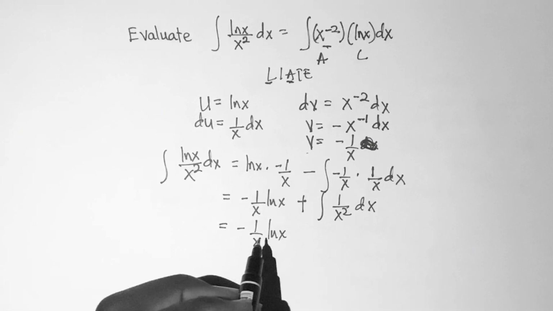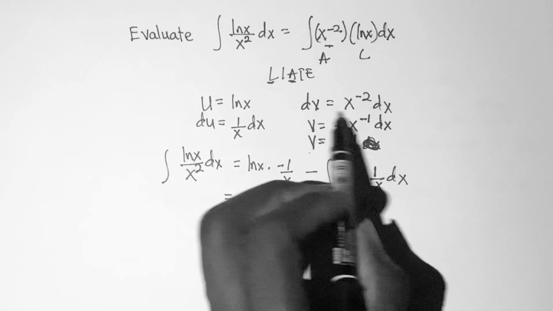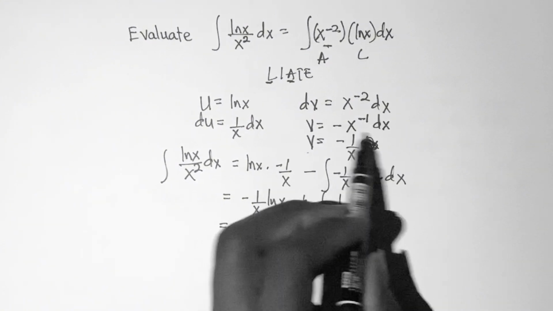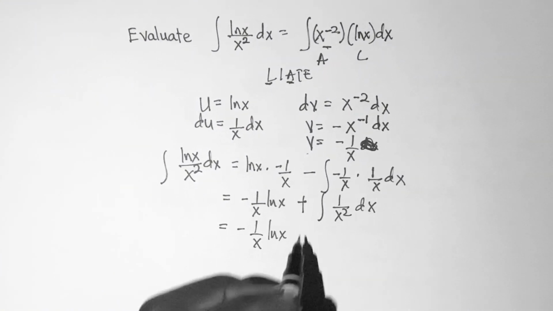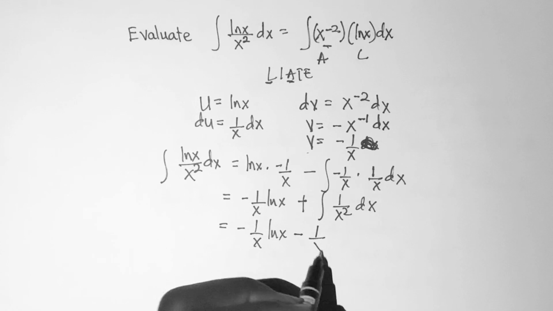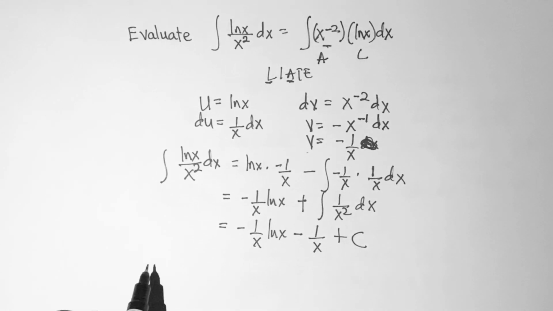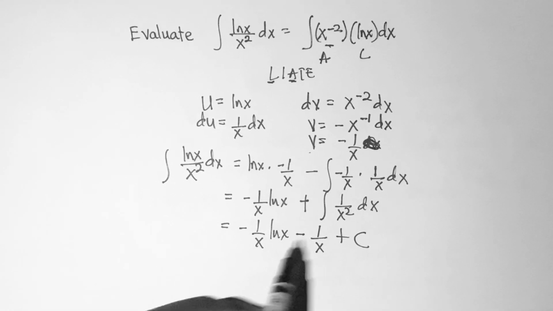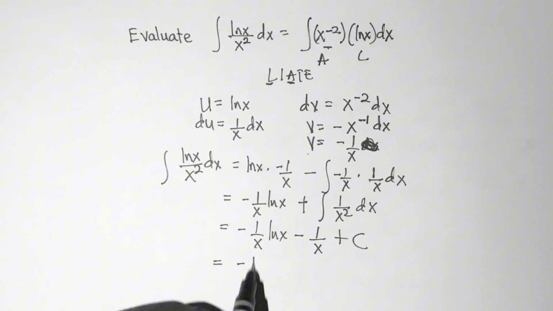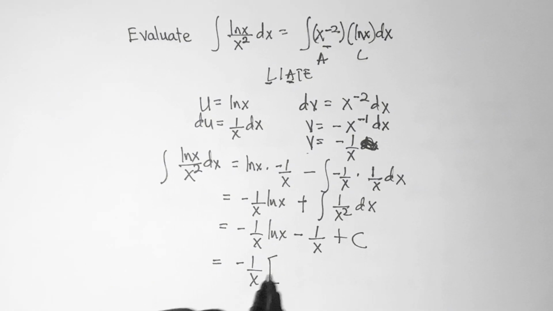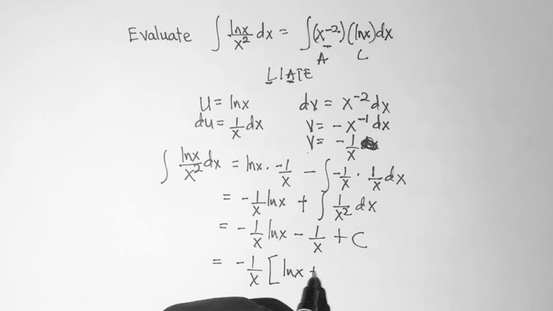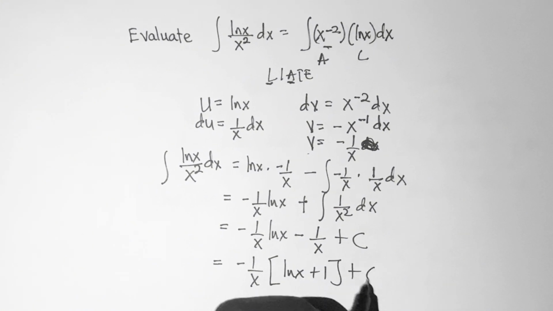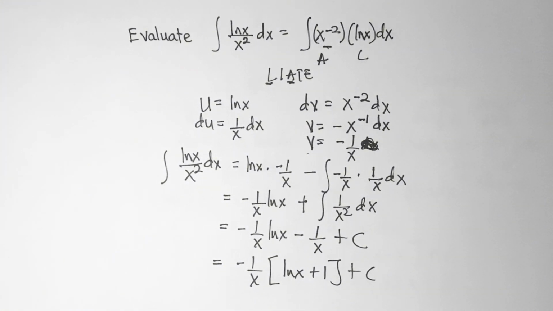If we integrate 1 over x squared dx, that is what we did here, and we got minus 1 over x. So here becomes minus 1 over x plus the constant of integration c. So what we can do in this case is factorize minus 1 over x out. Then we are left with natural log of x plus 1, then plus the constant of integration c.